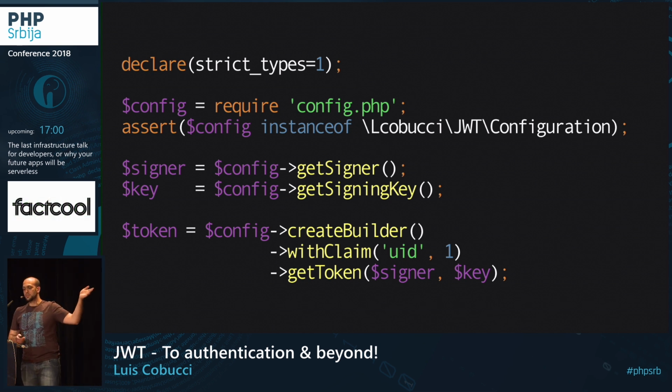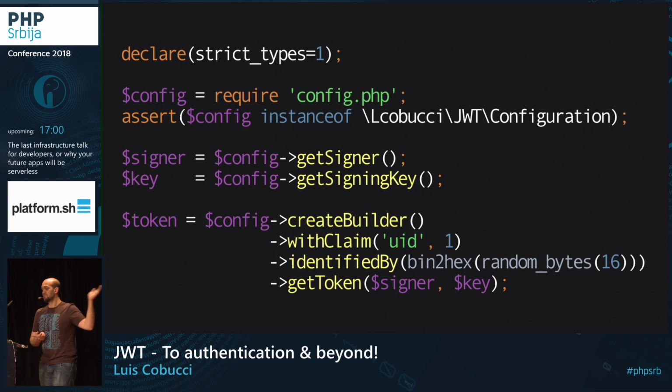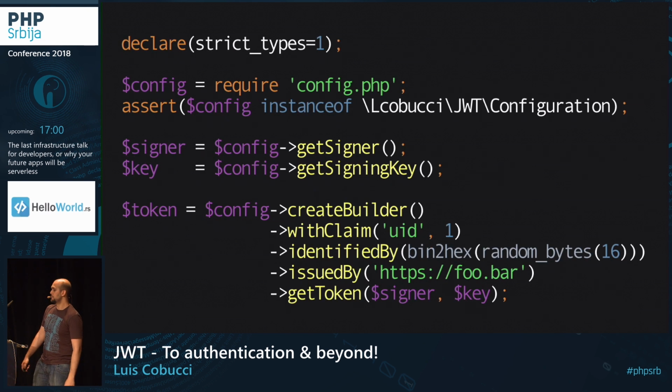Now, I'm just using a custom claim called UID with this value, 1. If I want to add the identifier, I just say, okay, the identification of the token that I want to issue is this one, a random string. And it was issued by me.